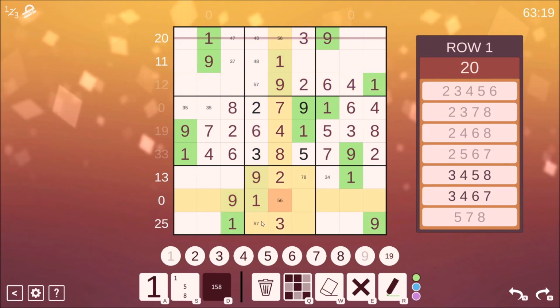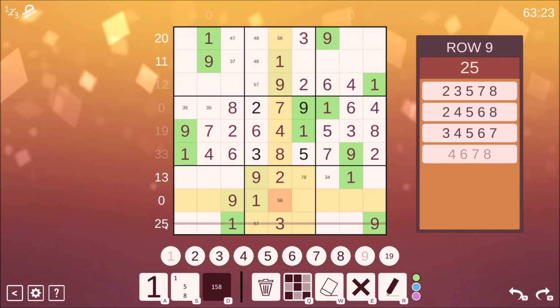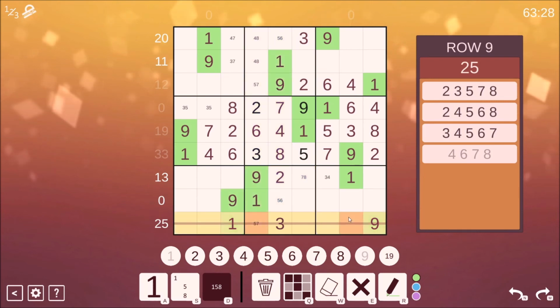Let's see if we can use it right now, actually. So, just to make sure, yeah, we need a 5 in one of these spots. Okay. So, let's see what happens if we have a 5 here. That becomes a 5. That becomes a 7. That becomes a 6.